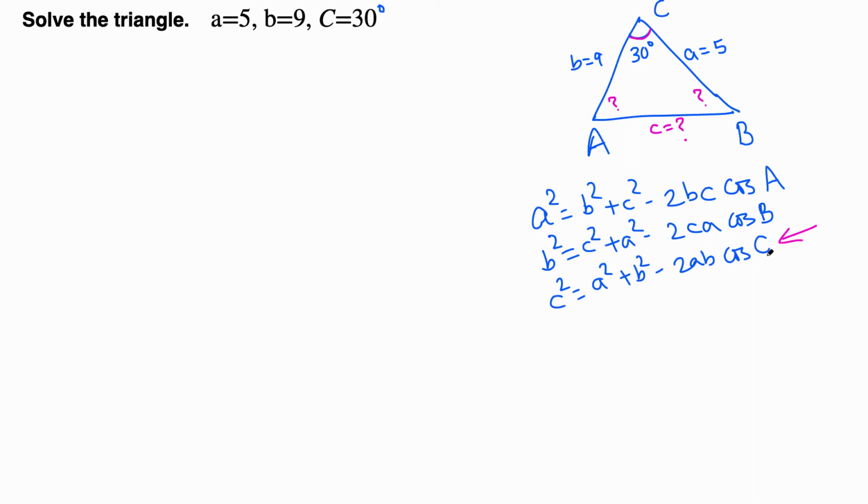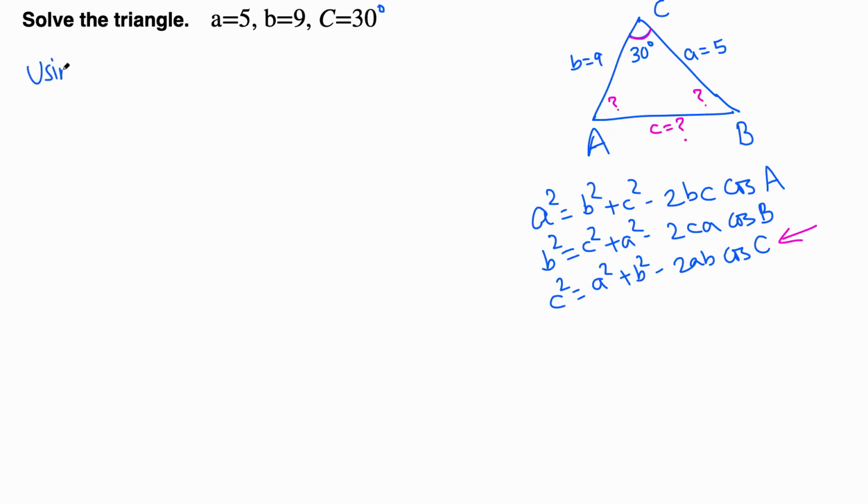Angle C is 30, side a is 5, side b is 9, so we should be able to determine side c. Let's use the third.